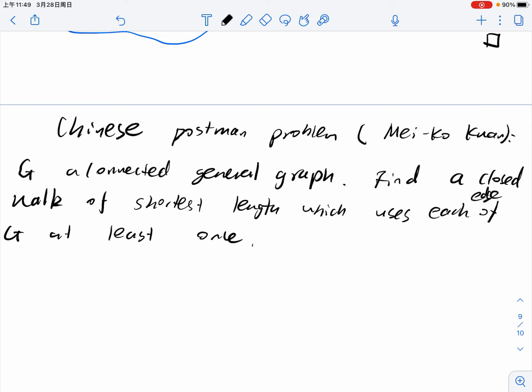So this is for a postman. If you have m over 2 postmen, then you can always do that. But in reality, you only have a limited number of postmen. Okay, and under this condition, a natural question will be how to find a trail, or it might not be a trail, how to find a closed walk through each edge at least once.